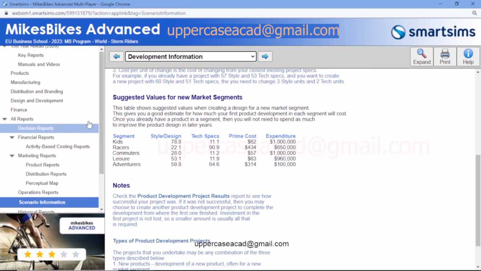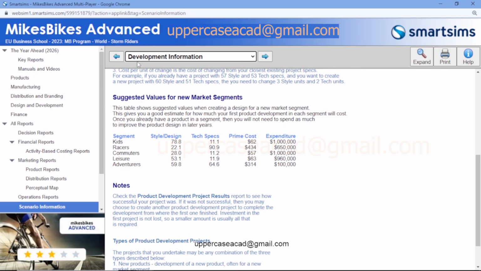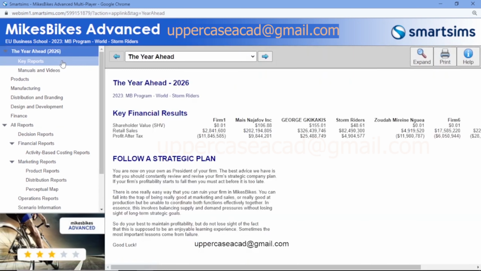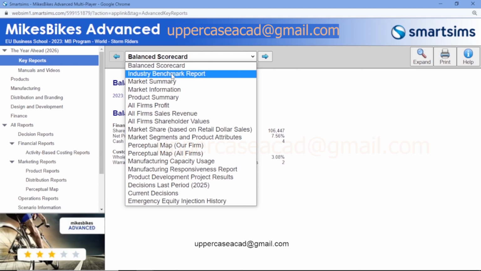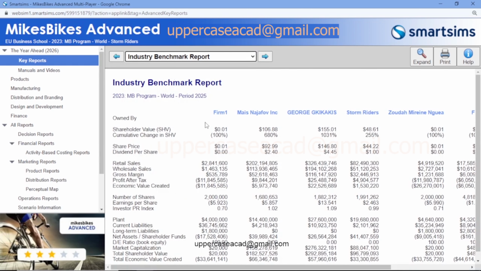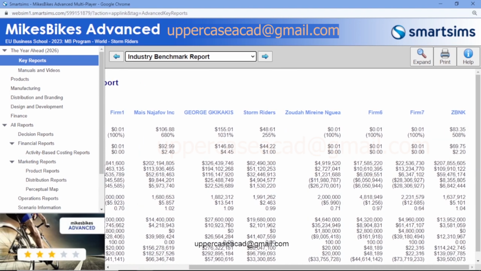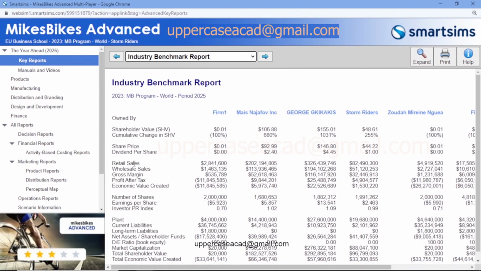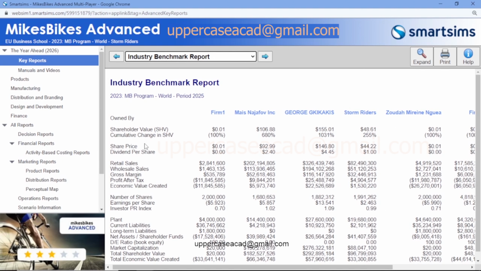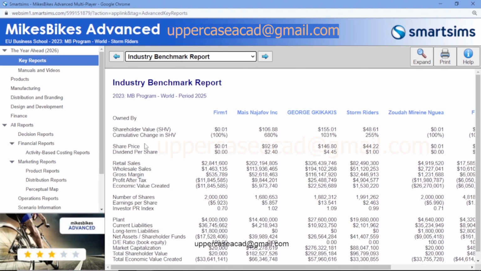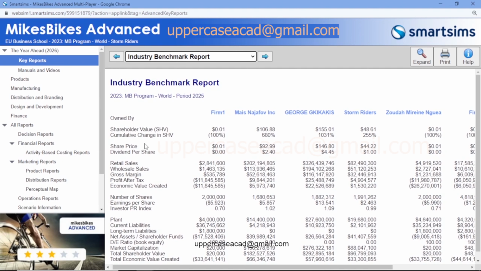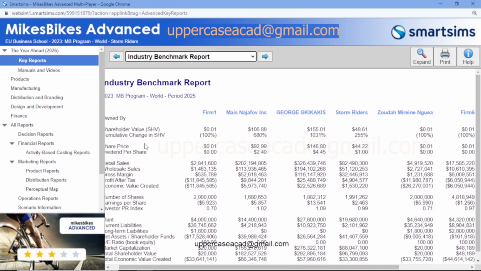Also, before I finalize, there is what I can call the industry benchmark report. The industry benchmark report will allow you to compare your results with those of your competitors, because these are all the competitors in this game. If you look at the shareholder value, Firm 1 has $0.01.